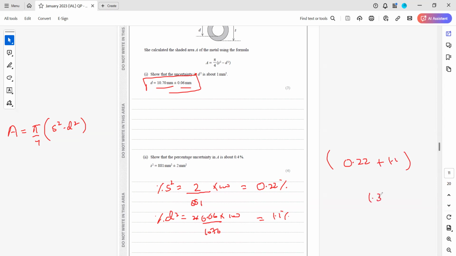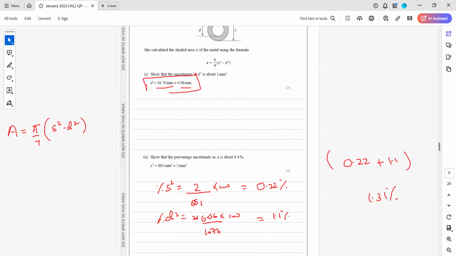So when we add, 1.31%, and this 1.31% is multiplied by 3.14 and divided by 4.